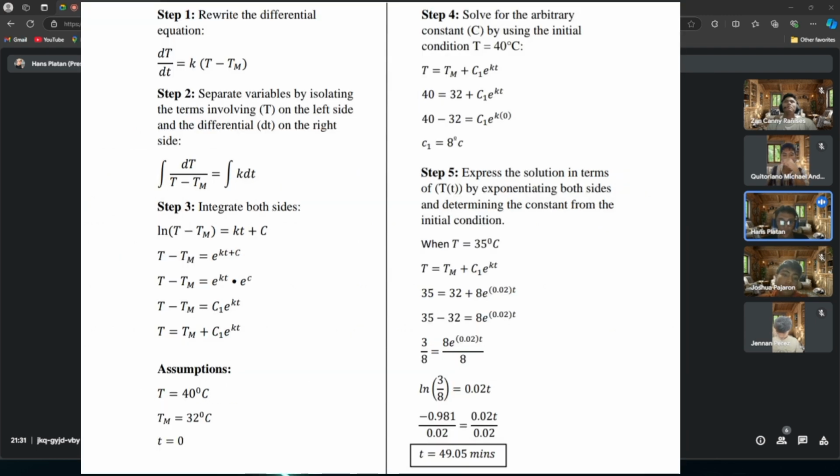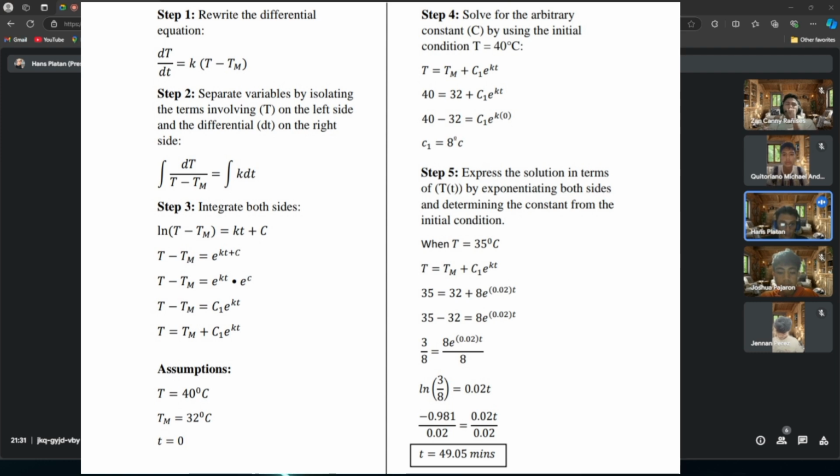Resolving for a practical solution. Using these conditions, Newton's law of cooling was expressed as a first-order differential equation. Step 1, rewrite the differential equation, which is dT/dt equals k times (T minus T sub m). Then we separate variables by isolating the terms involving T on the left side and the differential dt on the right side.